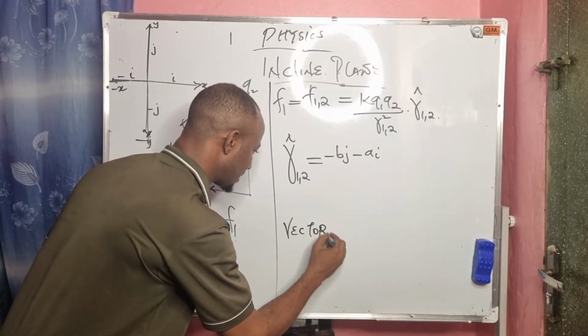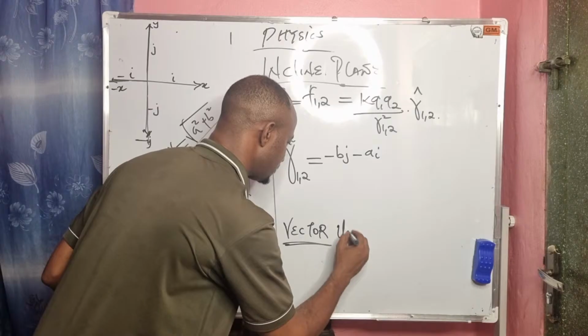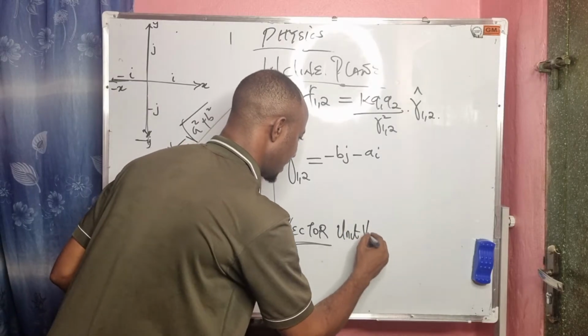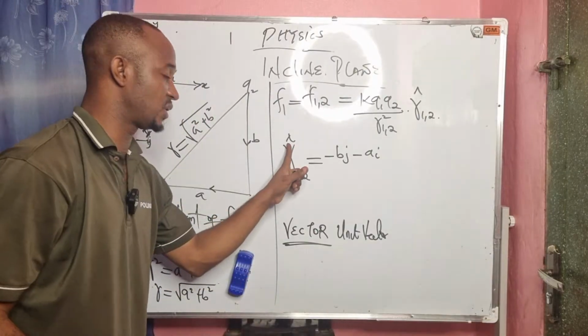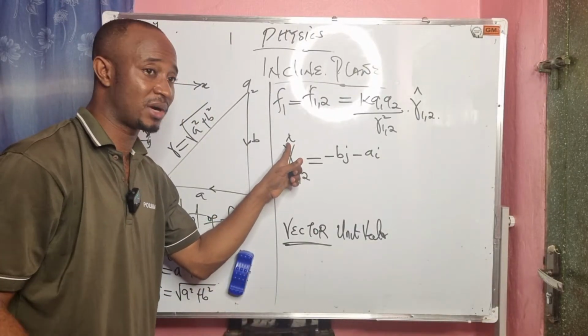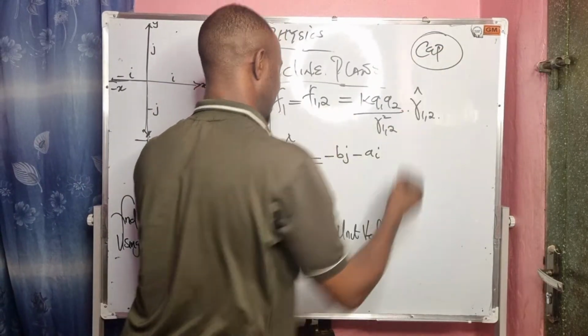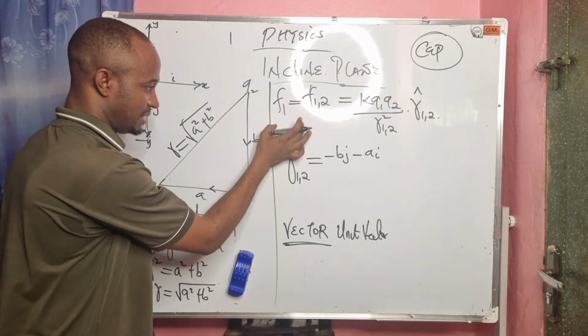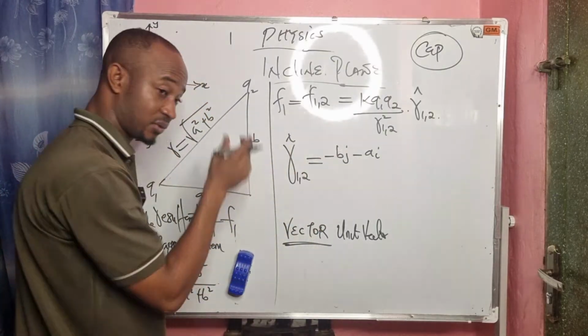there's a topic we learned last semester, which is called unit vector. Right? Unit vector is still the same. This is called unit vector, it means arrow cap. Is that clear? When you see a symbol like this, that means unit vector. But what I just defined here is just a vector.